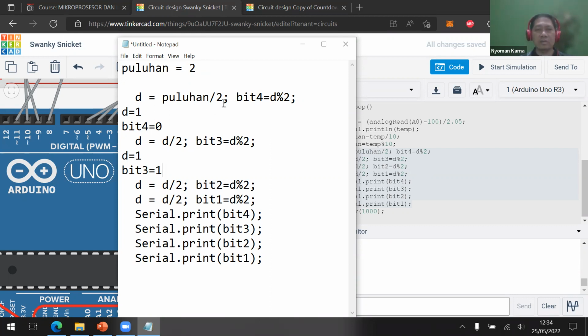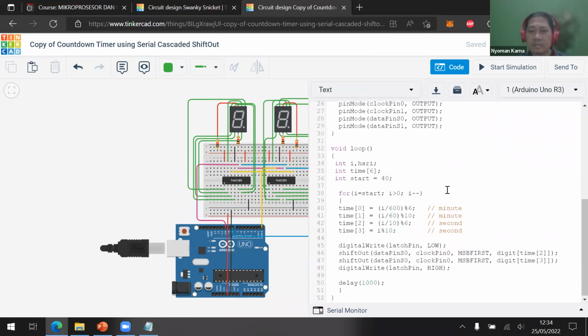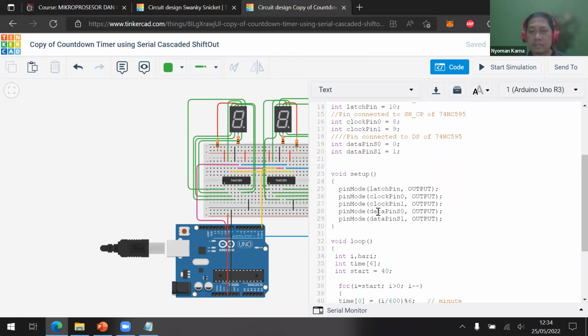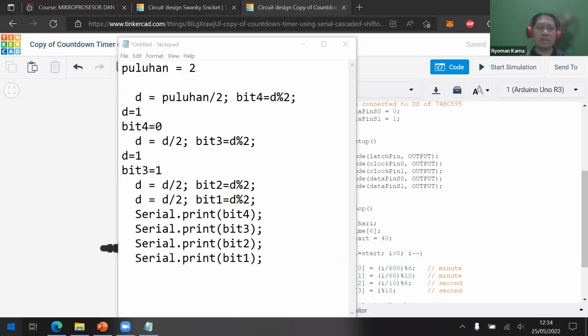So 2 times is 6. Okay, I think I got confused a little bit about this.